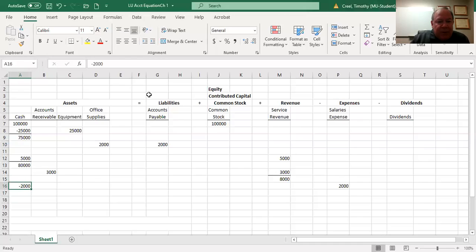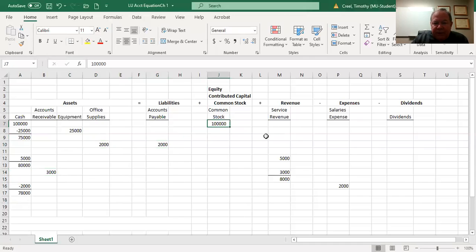So what that does to our cash balance is that gives us 78,000 in cash. So let's make sure the equation is in balance. So we've got 78 plus 3, that's 81, plus 25, that's 106, plus 2, that's 108. We come over to this side of the equation.